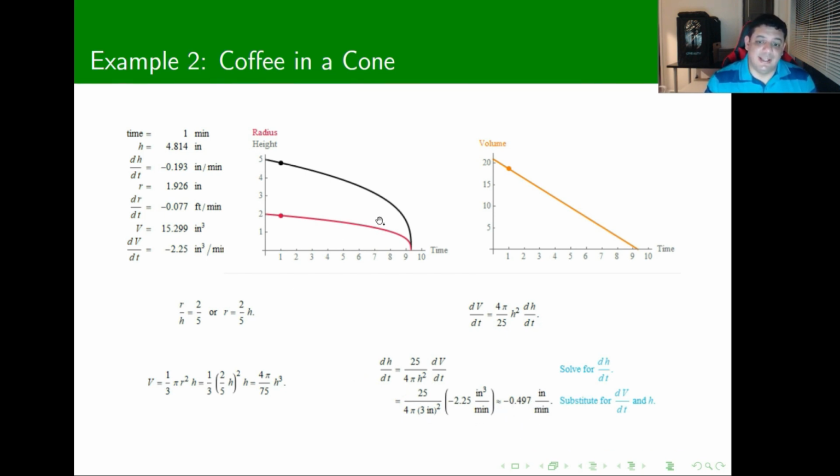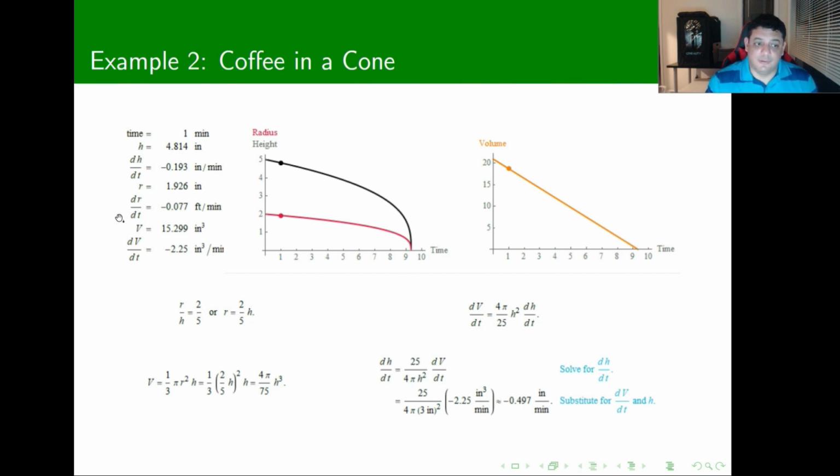We can see that in 2 different ways. From a graphical point of view, we can look at how the radius and the height are changing with respect to time. We can actually get the information for the radius from this relationship. We can calculate dr/dt, and it's going to be 2/5 of dh/dt.